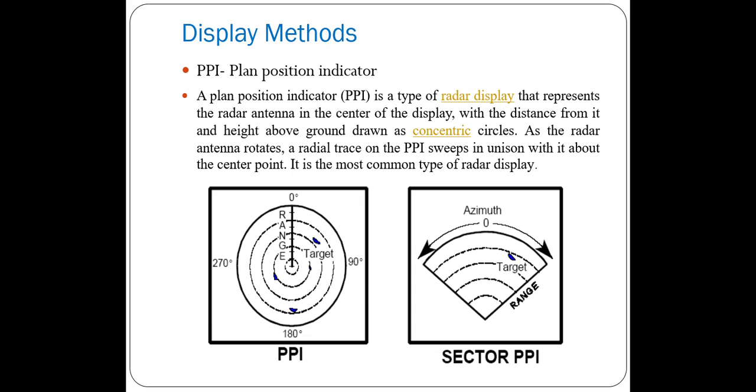Only when blips corresponding to the target occur, a sawtooth current applied to a pair of coils flows. Thus, a beam is made to deflect radially outward from the center and also continuously around the tube at the same angular velocity as that of the antenna.